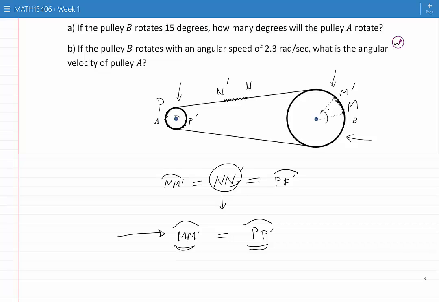Then theta B would represent the angle of rotation of pulley B. And if we consider the line connecting P and the center and P prime and the center, then theta A would represent the angle of rotation of pulley A. And we know that the arc MM prime is equal to the radius of pulley B times theta B, and this would equal arc PP prime, which is the radius of pulley A times theta A, where theta A and theta B are in radians.